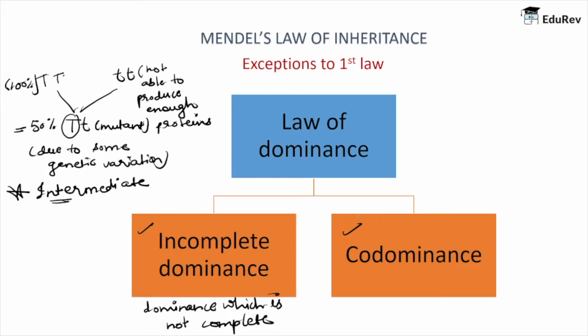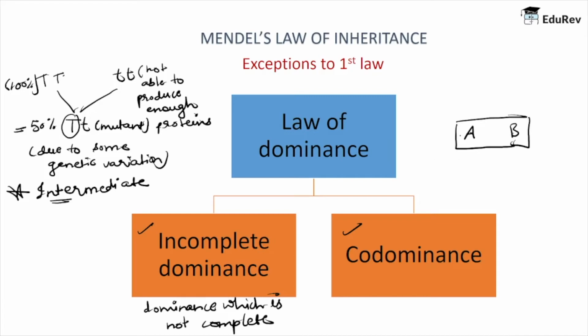Now coming to codominance. What do you mean by codominance? Codominance means that, for example, two people in a room. Let's suppose this is a room and here is person A and this is person B. These two people are in the same room, but they are different.